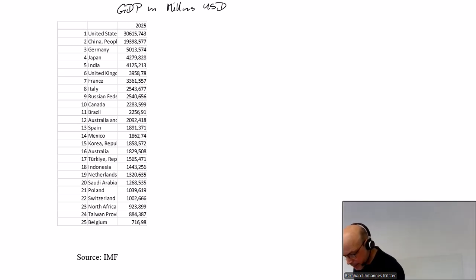So we see United Kingdom 4 trillion US dollars, Germany 5.